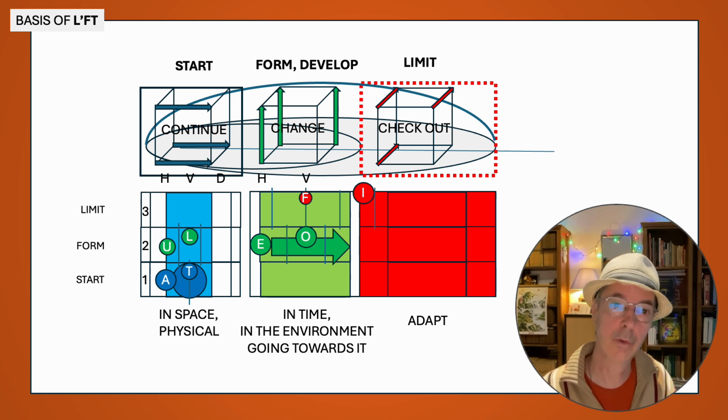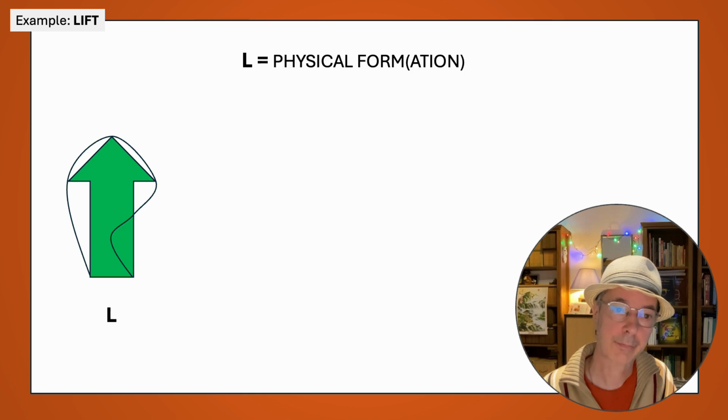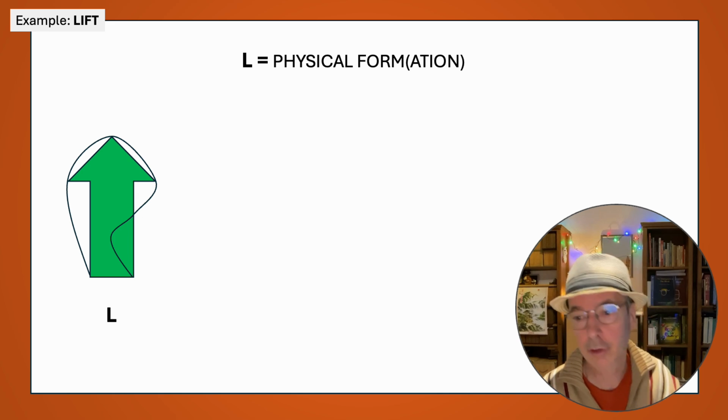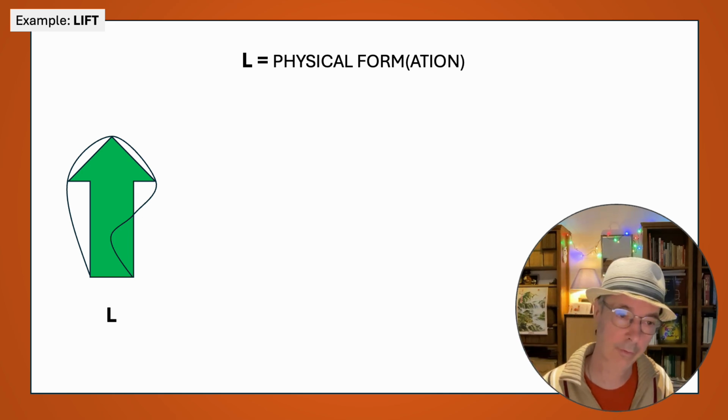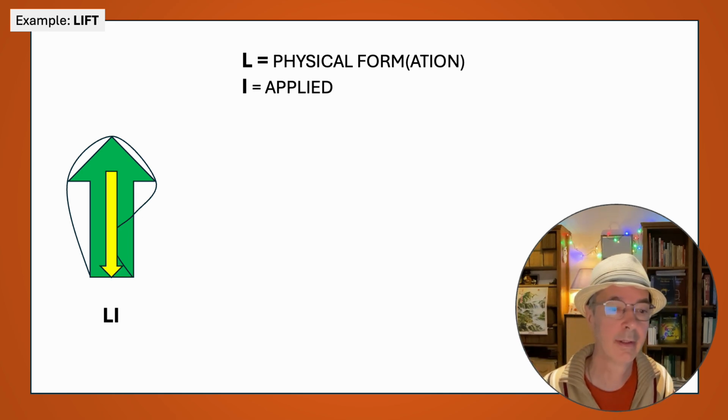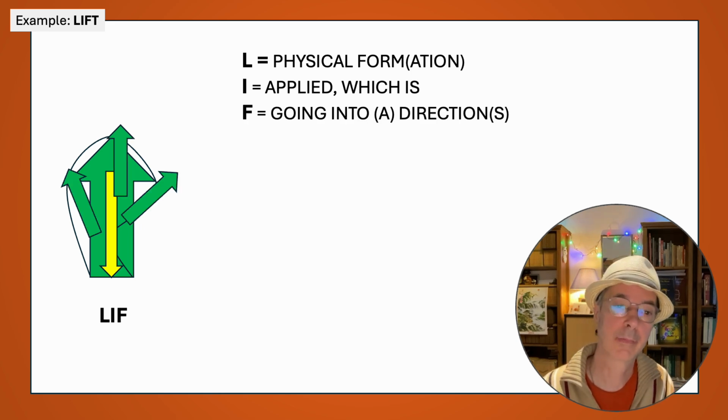Let's show you the words with LFT, and we start of course with lift. And so we have the L, followed by its own formation process, the E, so I apply it somewhere.